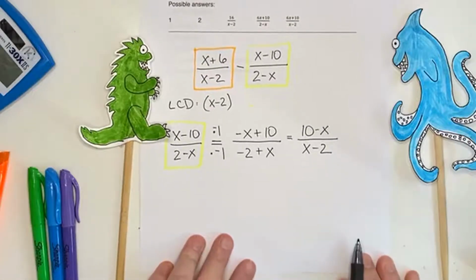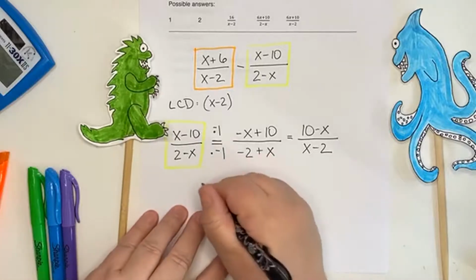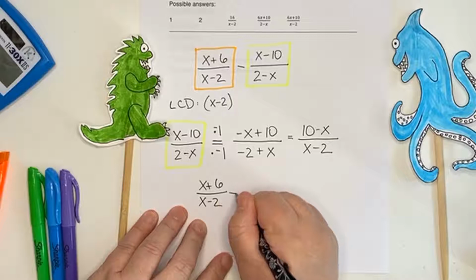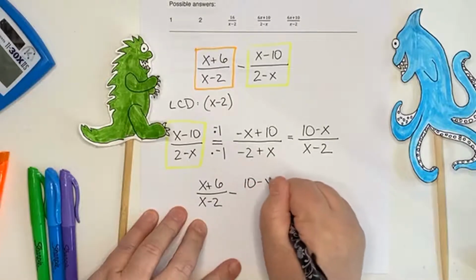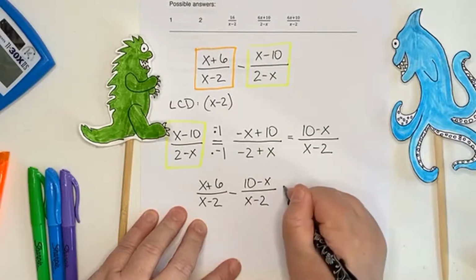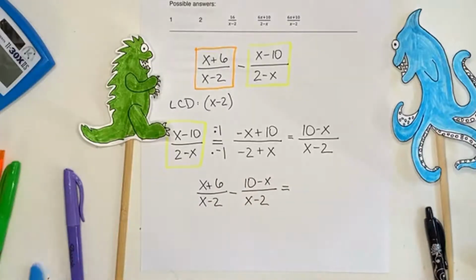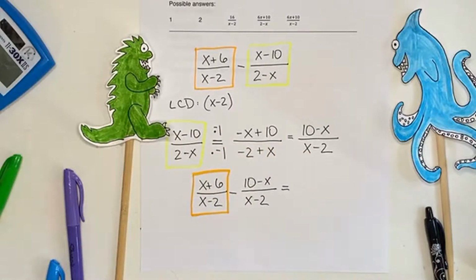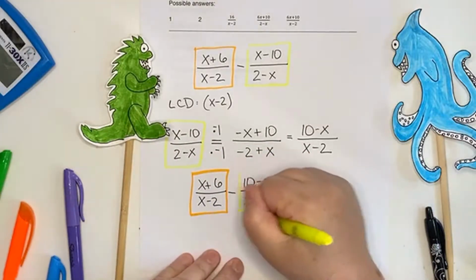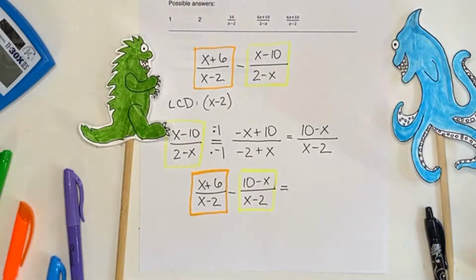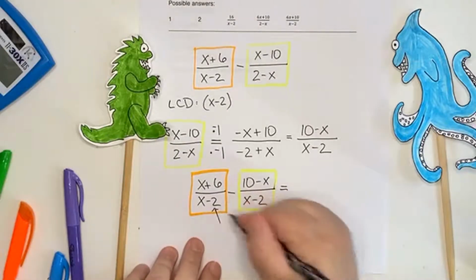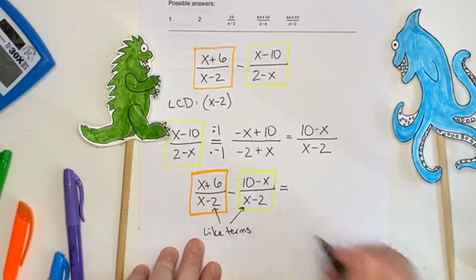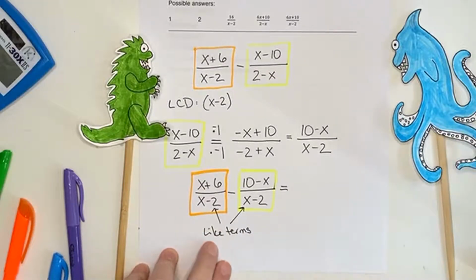Okay, so where does that put us? Well, it puts us where we can start the problem. So I've got x plus 6 all over x minus 2 minus, and now I've got 10 minus x all over x minus 2. Notice that we've got like terms. Totally like terms.